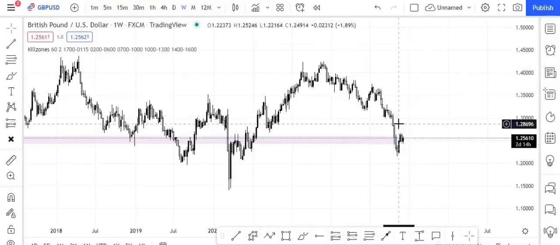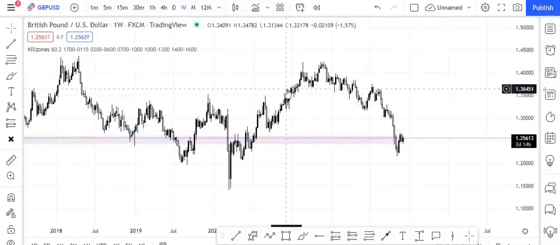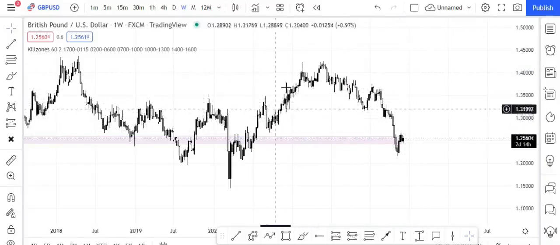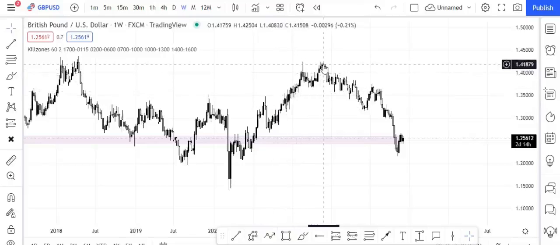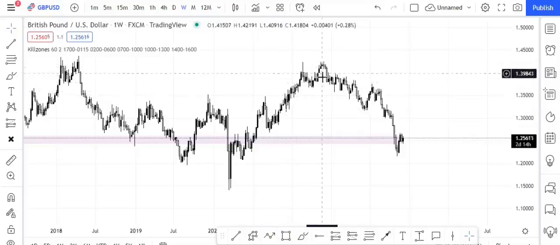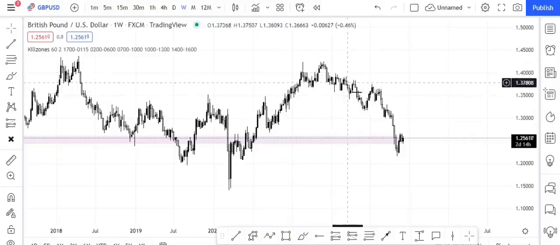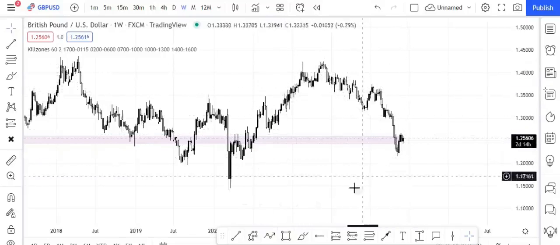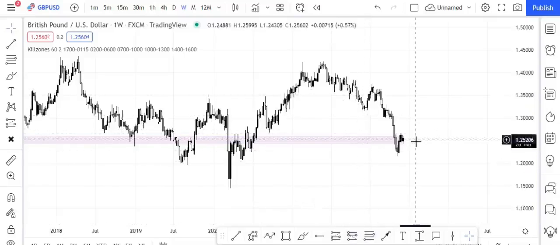As you can see, price was making higher high, higher low, higher high, higher low, and so on. And then you find price break structure, and as you can see, we are clearly in a bearish move. That is what you want to find out on your higher time frame.